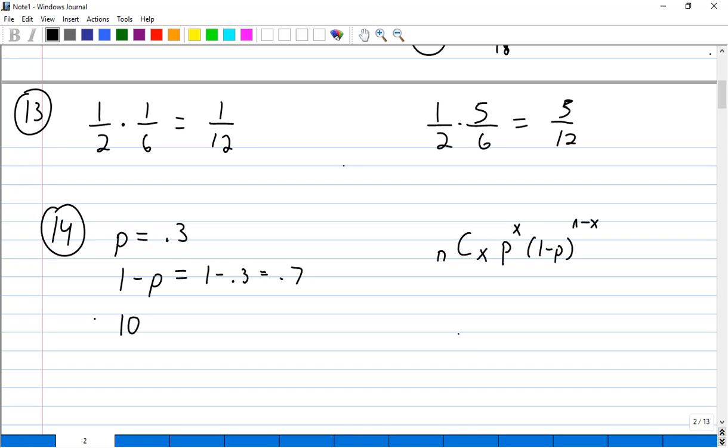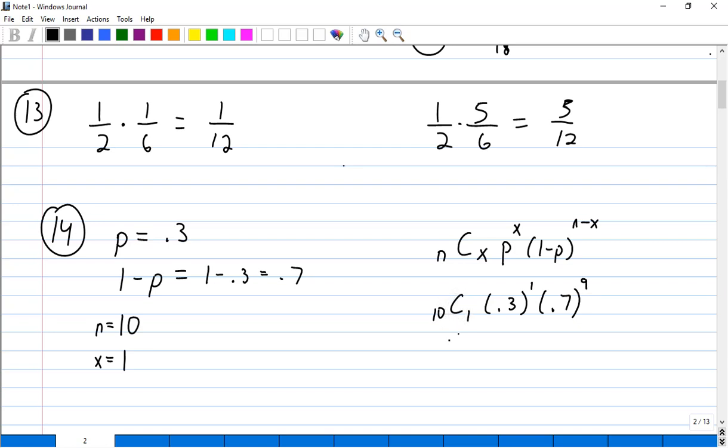So that means that my n is 10. And I want exactly one success. I want exactly one insect to survive. All right, so now I can just plug these in. So I need to find 10 C 1, that's that combination, times 0.3 to the first power times 0.7 to the 10 minus 1, the 9th power.